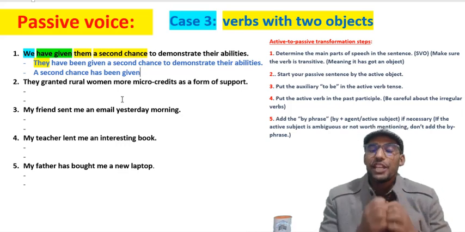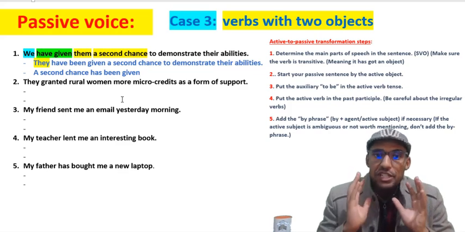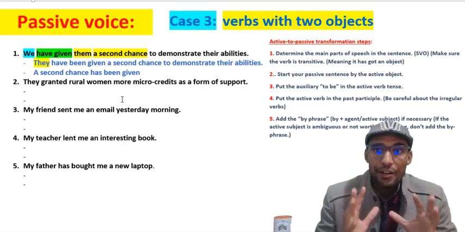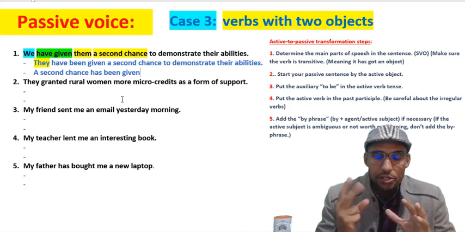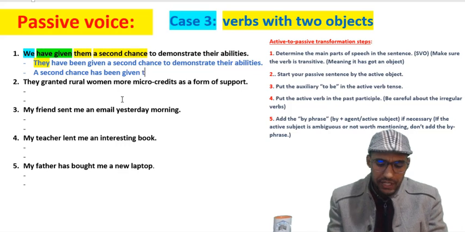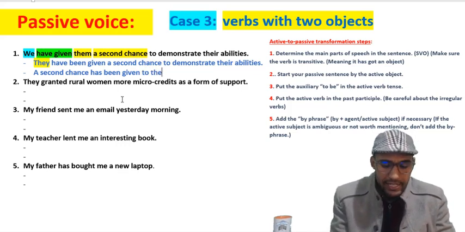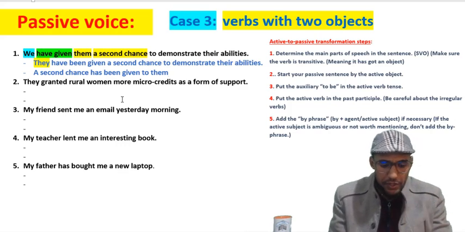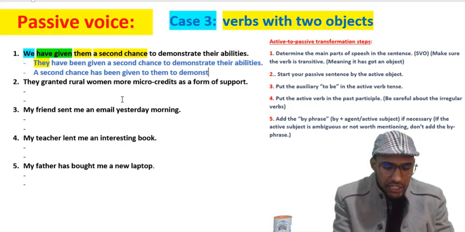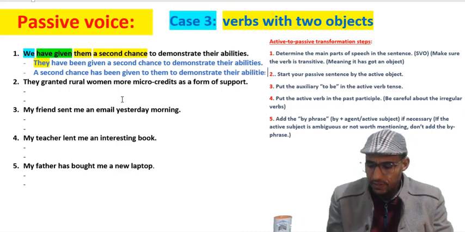Now, the only change that occurs when we start with the direct object, a second chance, is that we need to add the preposition to: has been given to whom? We say to them. Has been given to them. And then we complete our statement without any problem: to demonstrate their abilities.